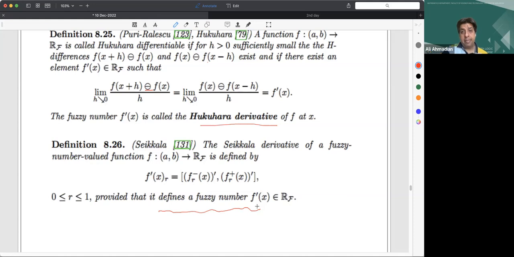It is called the Stefanini derivative. I just want to ask you to have a look at the derivative.